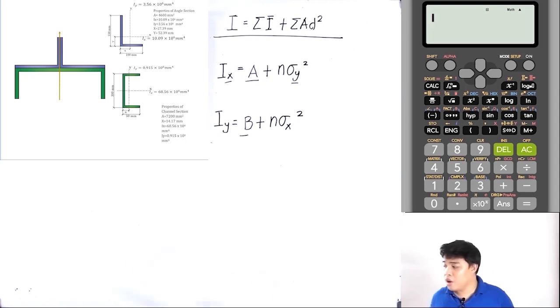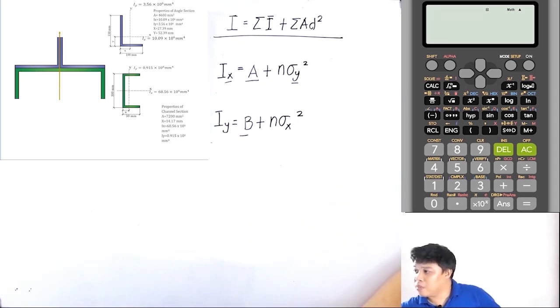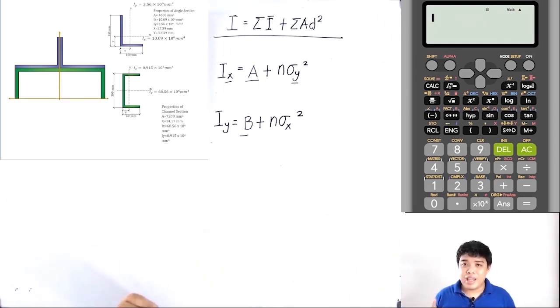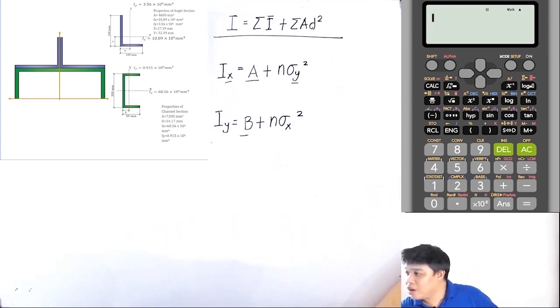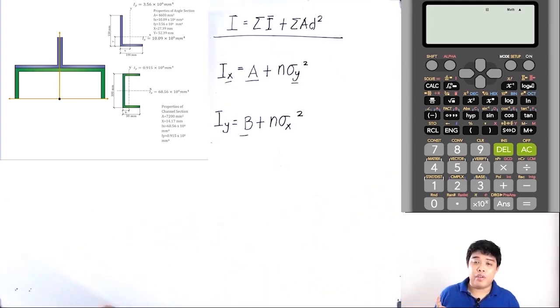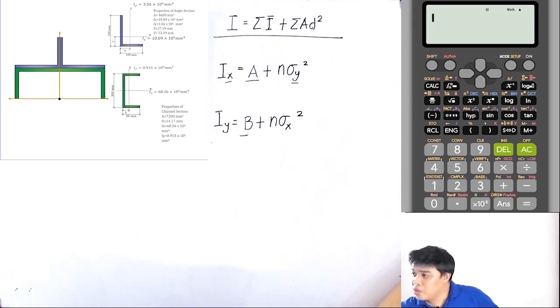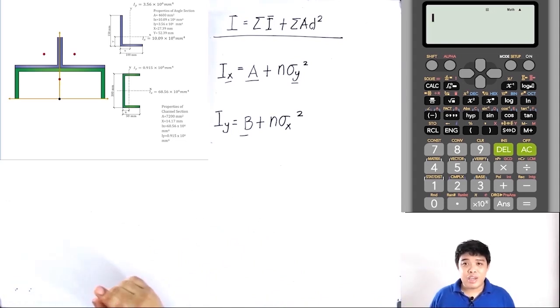So for convenience, we use the bottom line. Now, the intersection of those reference axes you designate is your initial origin. And from that initial origin, you're going to get the coordinates of the centroids of each section.